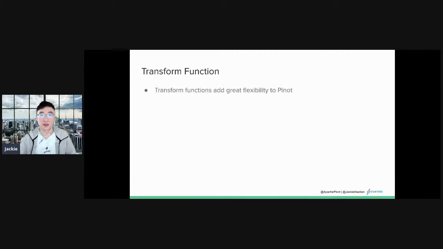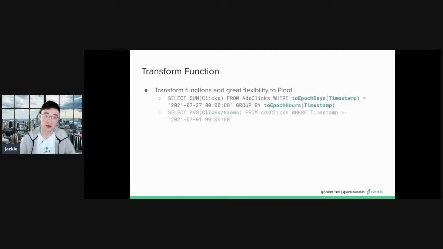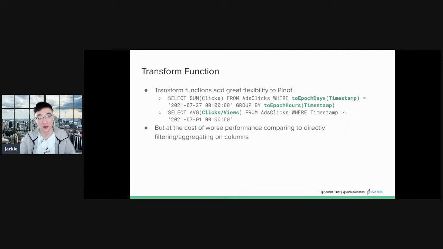As we can see in the above examples, it's not possible to achieve that without transform function. So transform functions add great flexibility to Pinot, but also at a cost of worse performance compared to directly filtering or aggregating on columns.